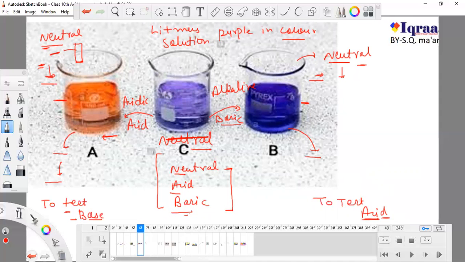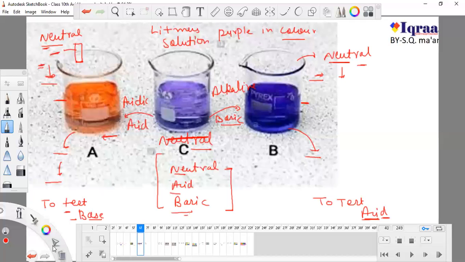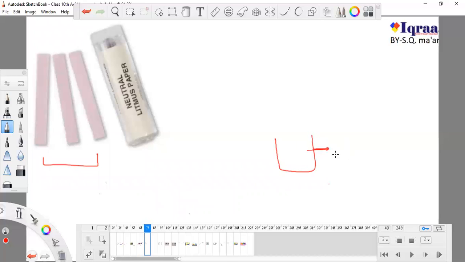Okay, now these are litmus strips. What we have to do is just take filter paper and soak it in this. This is neutral solution, this is basic solution, and this is acidic solution.